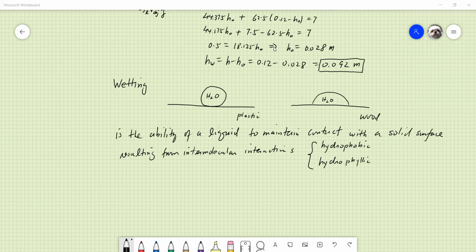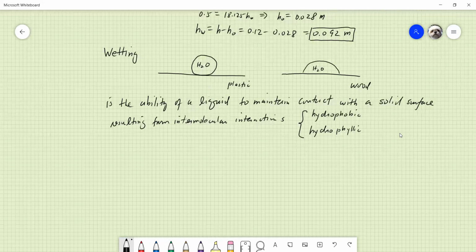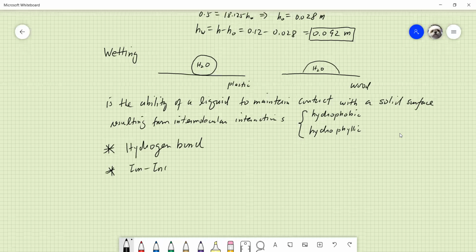Now then, this wetting, if you look very deeply, depends on several factors. One is the hydrogen bond of the material itself, the water hydrogen bond. Another one we call the ion-induced dipole force.